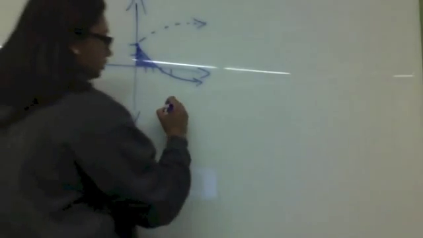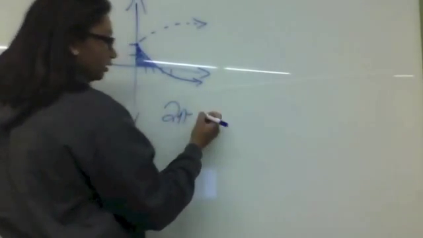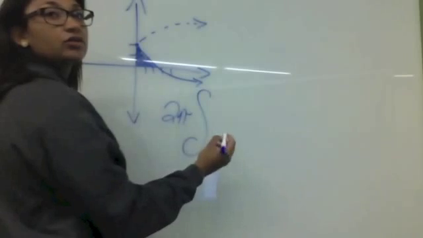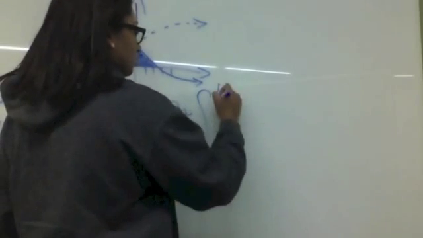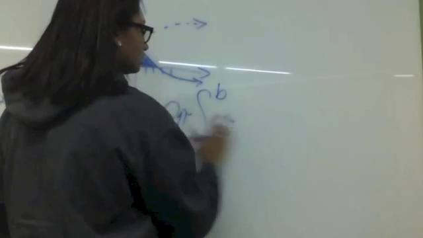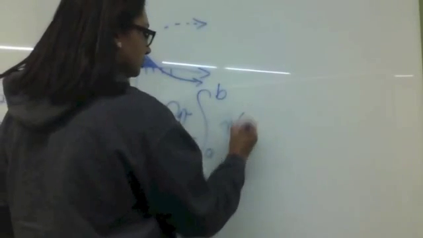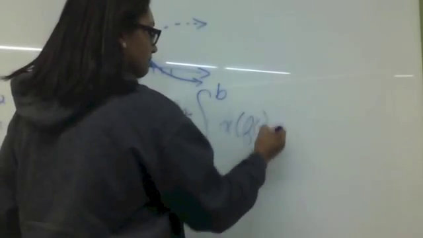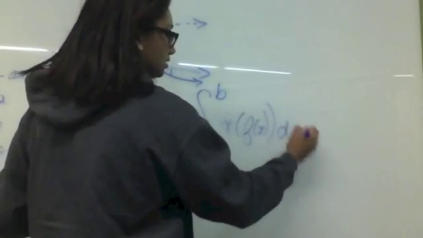And so from here, we're going to use the shell method, which is given by the formula 2 pi times the integral from a to b of x times f of x dx.